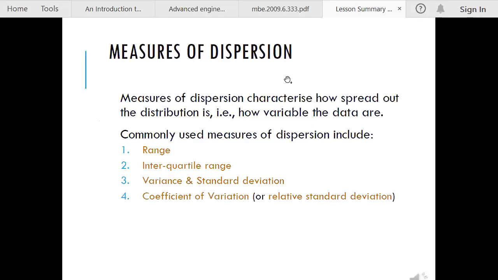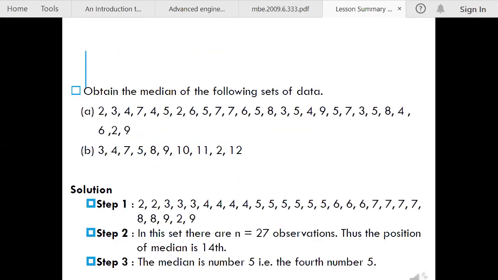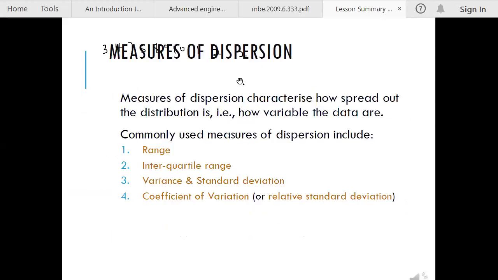So let's go back a few slides and write this data down: 3, 4, 7, 5, 8, 9, 10, 2, and 12. We're going to use this data to demonstrate the computation for the interquartile range.